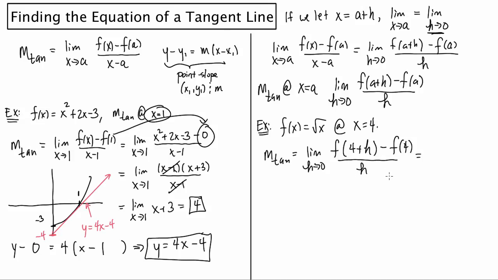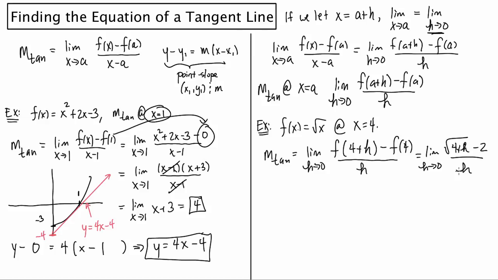My a value here is 4. And if you evaluate those pieces, f of 4 plus h is the function f with x replaced with 4 plus h, so it's the square root of 4 plus h, minus the function evaluated at 4. Well, square root of 4 is 2. So it's minus 2 all over h.